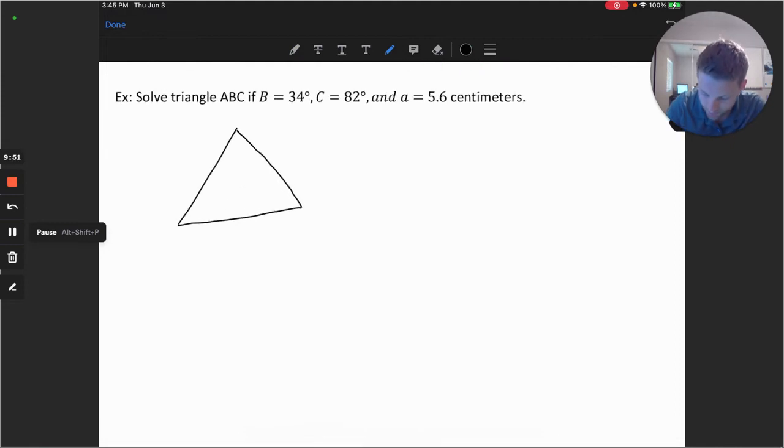So we'll call this angle B, 34 degrees, angle C with 82 degrees, and then we'll have a final angle of A, which is unknown. And then we have the side length A equal to 5.6, side length B, and the side length C.